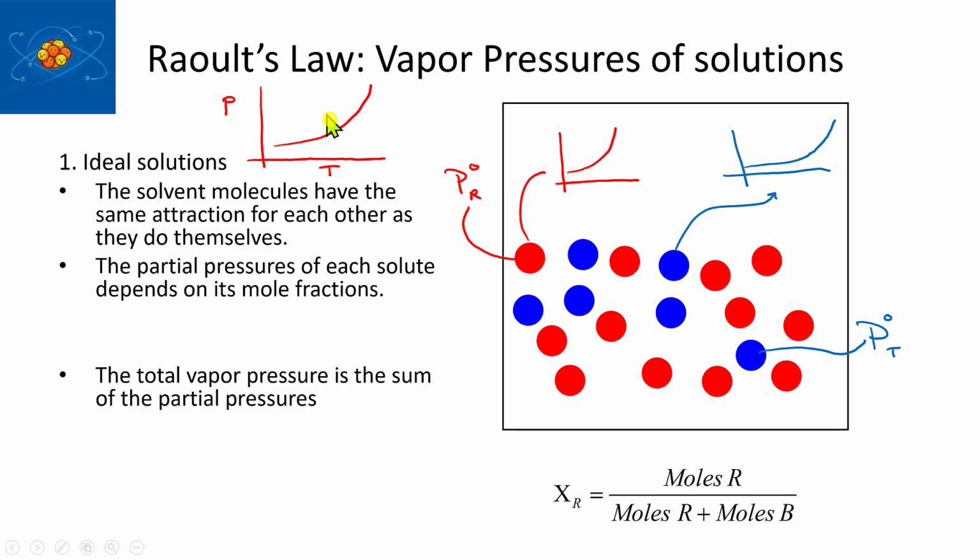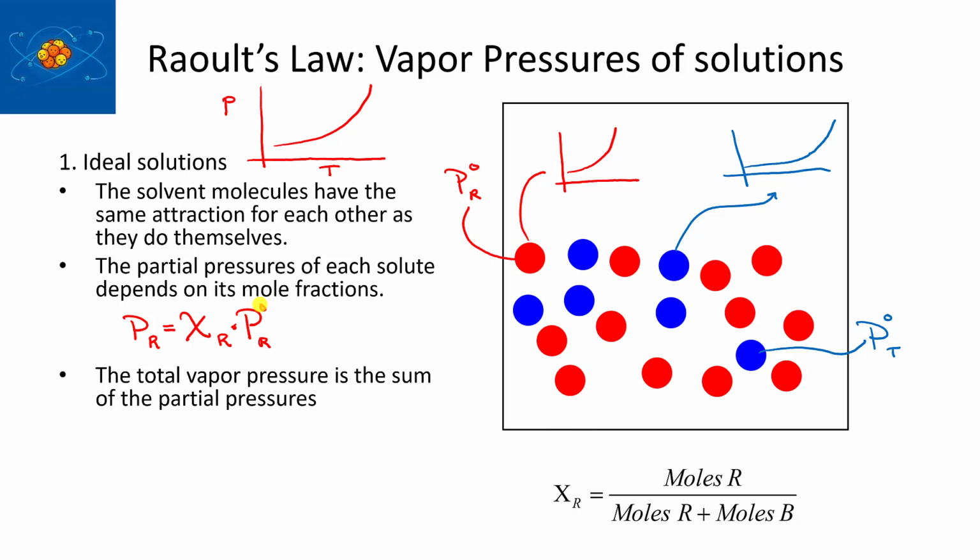In the mixture, the way we calculate the contribution to the total pressure is by using the mole fraction that you learned in the gas laws chapter, but we can apply it to a solution. So we're going to get the pressure of the red molecules in the mixture. What we do is we take the mole fraction of the red molecules times the pressure of the red molecules they would be exerting as a pure solution.